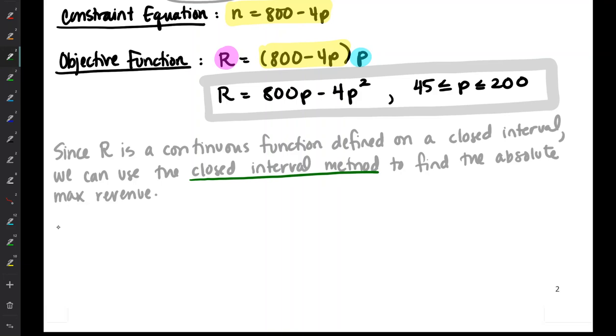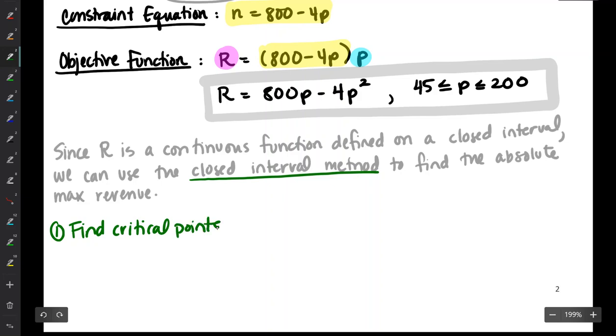So step 1 for that is to find the critical points. Here's my revenue function, 800p minus 4p squared. The derivative is 800 minus 8p.